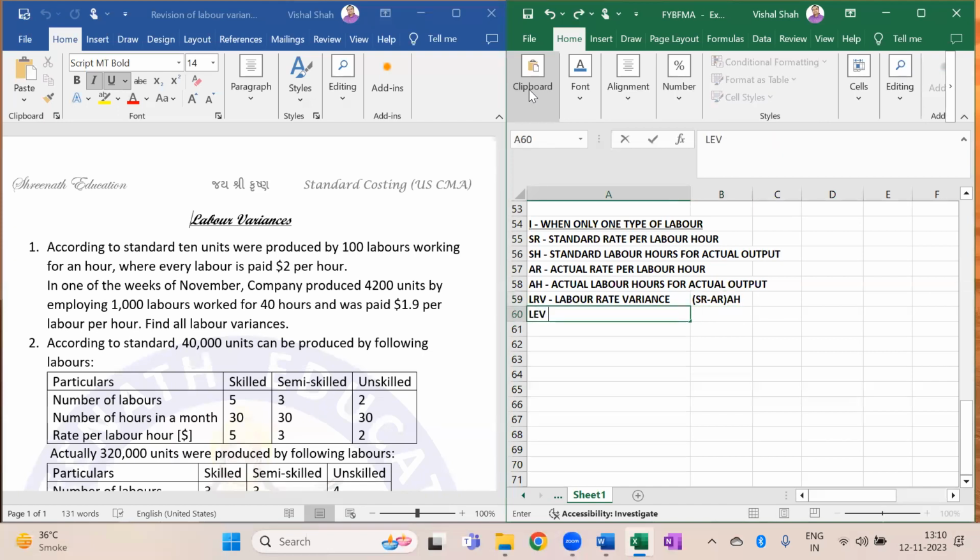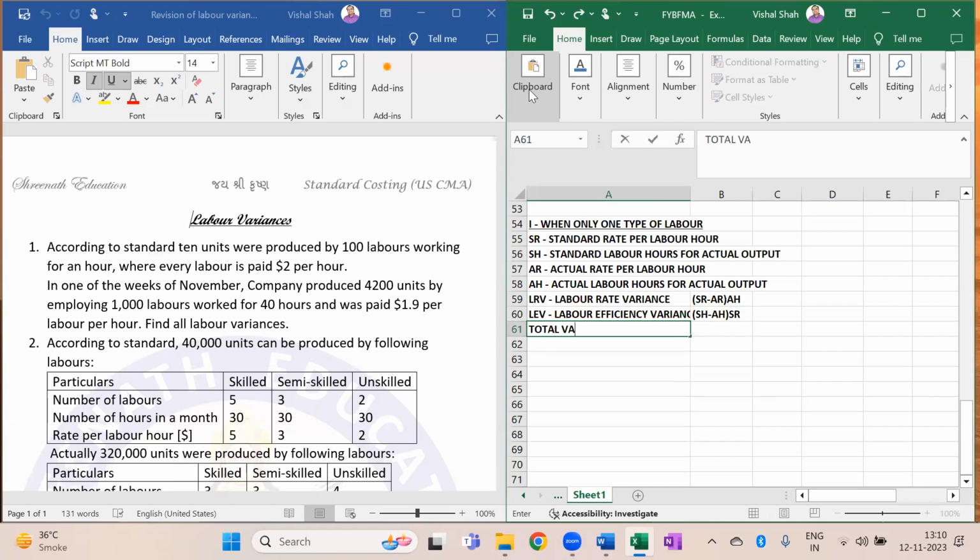LEV, labor efficiency variance, and the formula is SH minus AH into SR.